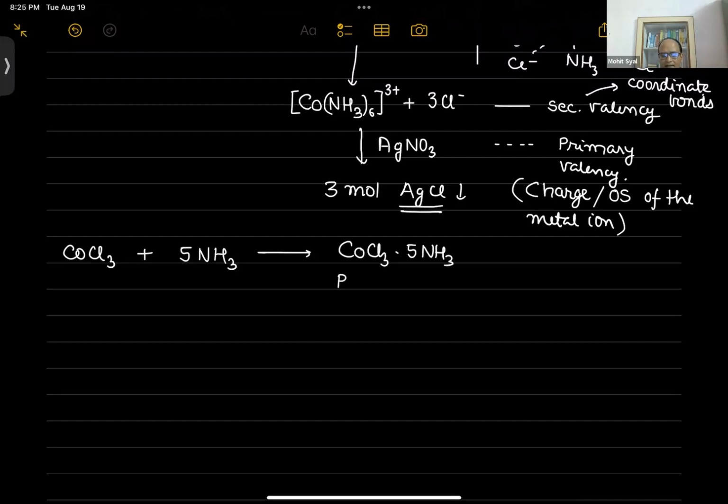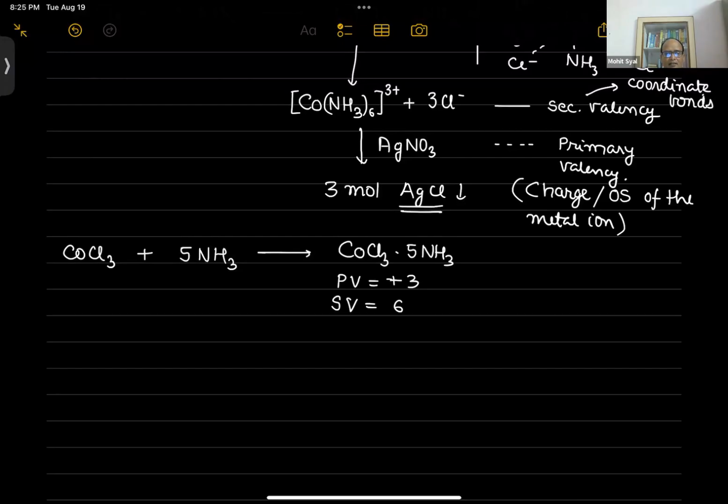The primary valency is still +3. The secondary valency is still 6. But you may wonder that there are only 5 NH3 molecules. So how come the 6 bonds are there?